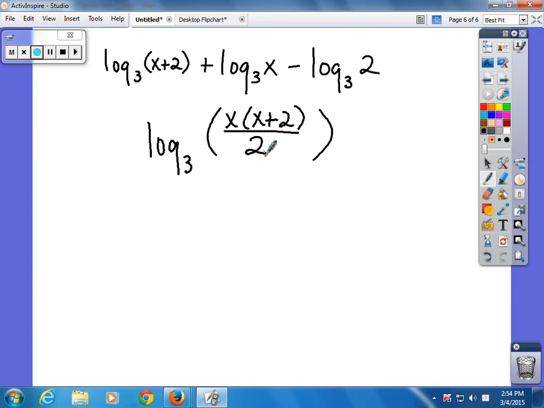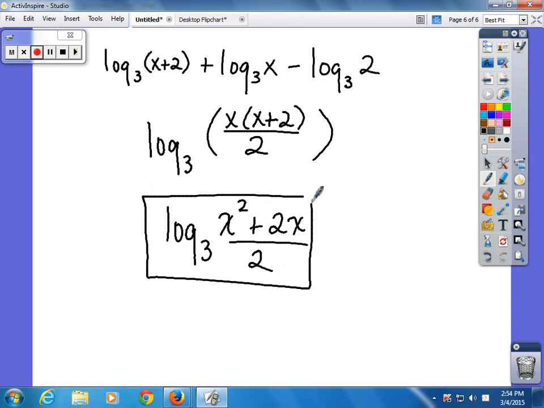And you could distribute that x, and that would be log base 3 of x squared plus 2x over 2. You wouldn't have to simplify that.